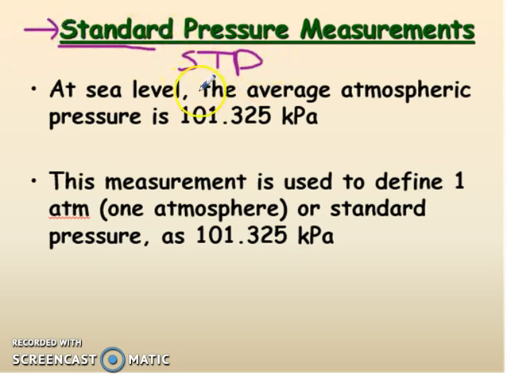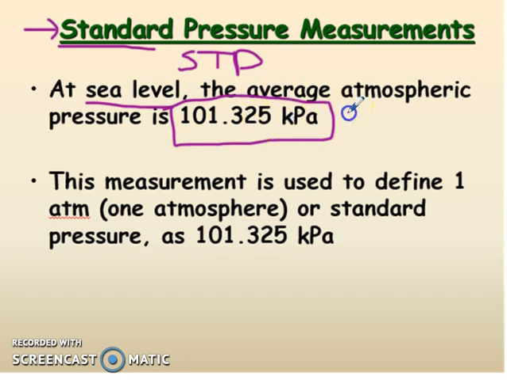So standard pressure, and all of these are measured at sea level, meaning the lowest point that you can get to on Earth. So not high in the Alps or high on a mountain, but water level essentially. The average atmospheric pressure at the standard pressure is 101.325 kilopascal.